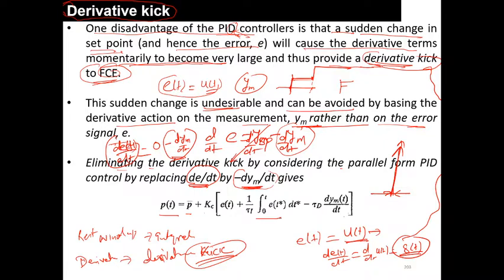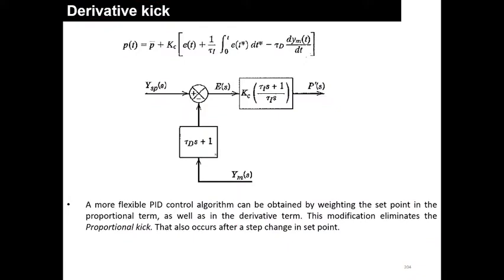This is the integral control, this is the proportional controller, and instead of the derivative controller we write minus tau d dym by dt. This will eliminate your problem of derivative kick. How? You can see here, this is the final expression.